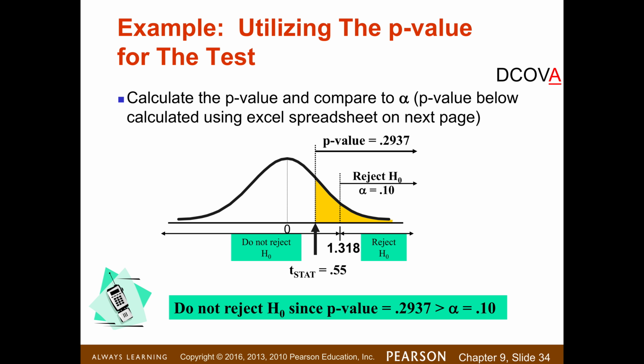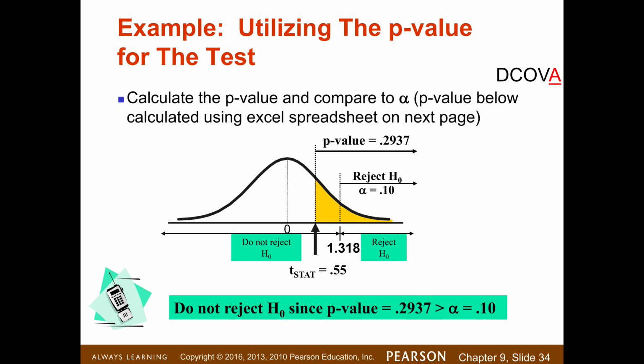P-value, same thing. What we do is we find our test statistic. In this case, it's 0.55. If we're doing a right-tail test, we find the area above 0.55. If we were doing a left-tail test, we would find the area to the left of our test statistic of 0.55.